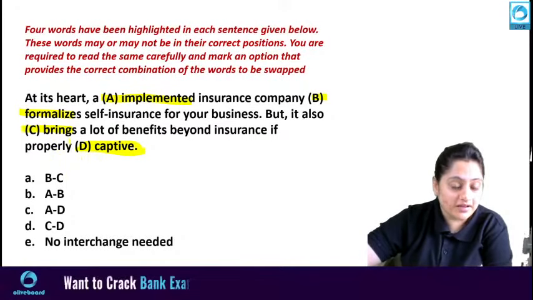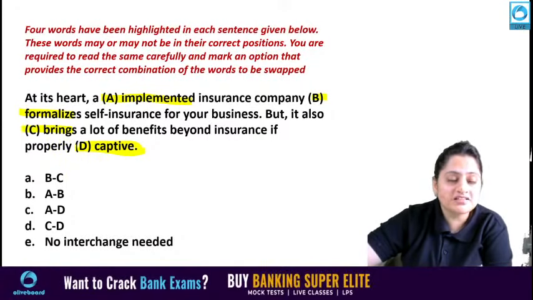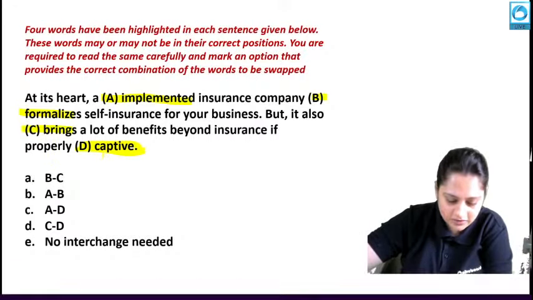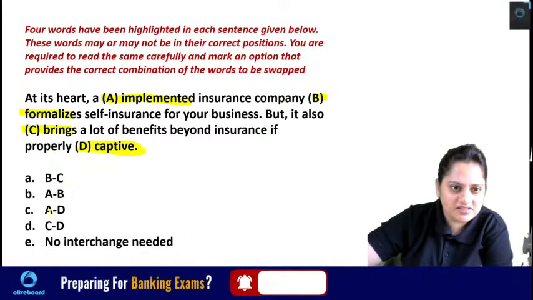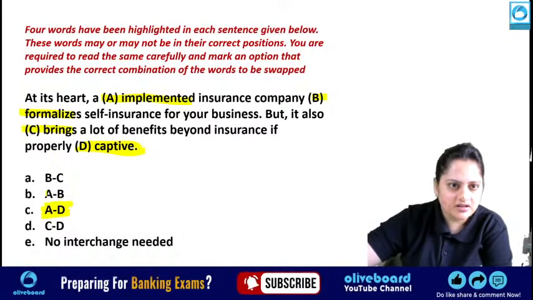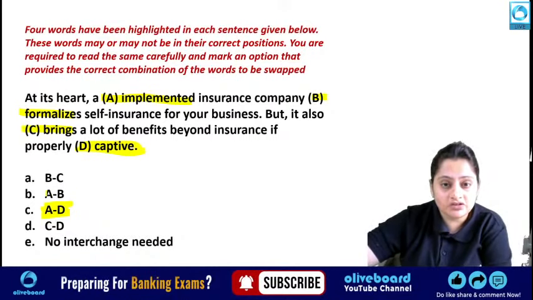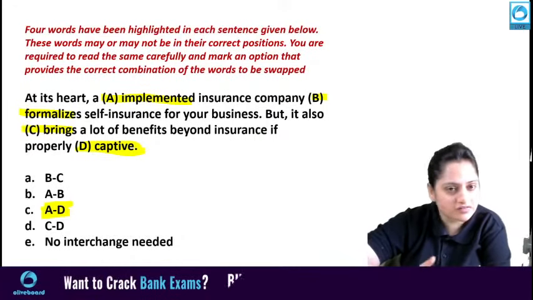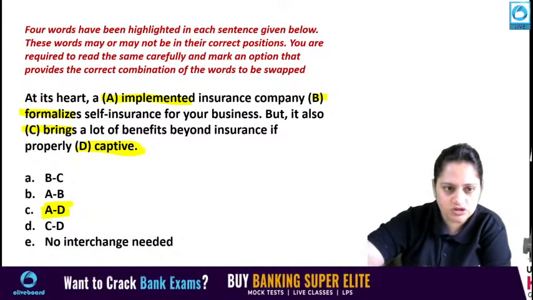My hint is, if properly, what? If properly something is implemented, like put to use. Implemented is put to use. If properly, we need a verb here, implemented. So what can come is A and D. A captive insurance company. Okay, we will say a captive insurance company. It is option C, guys.